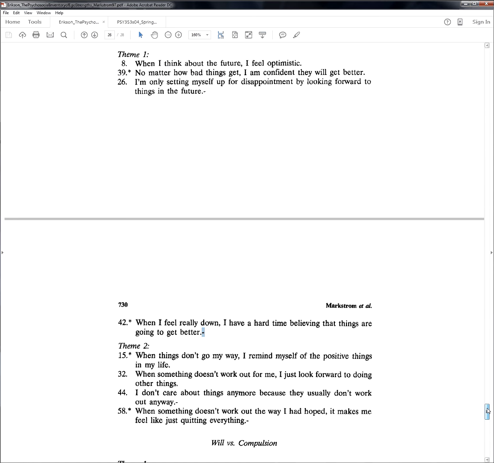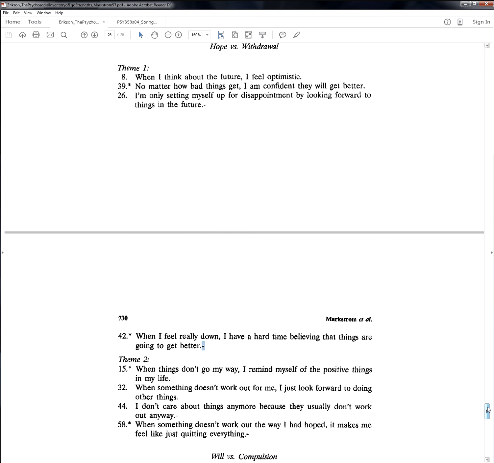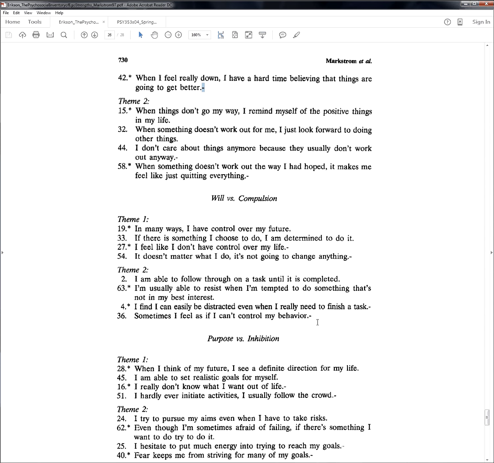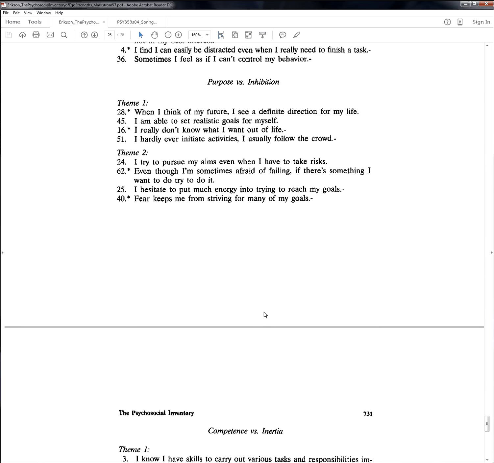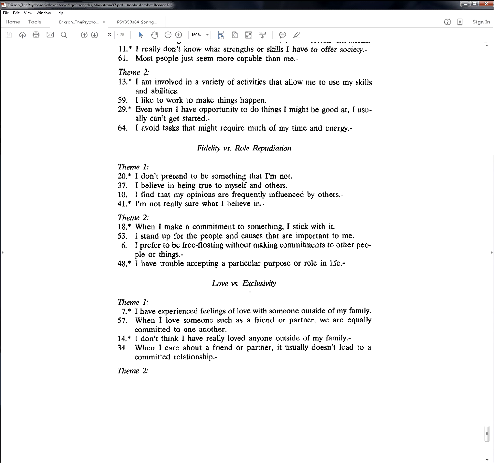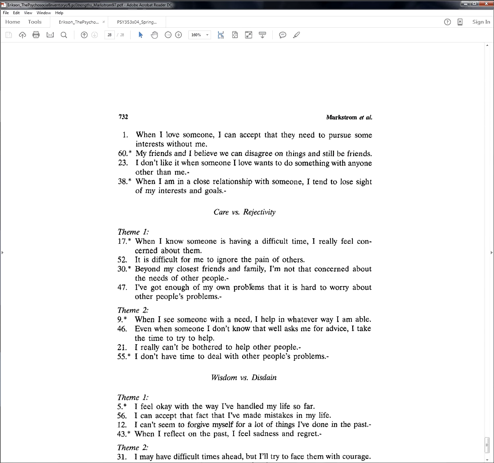As you can see, we have eight ego strengths. Each and every one has two themes. Each and every theme has four questions.